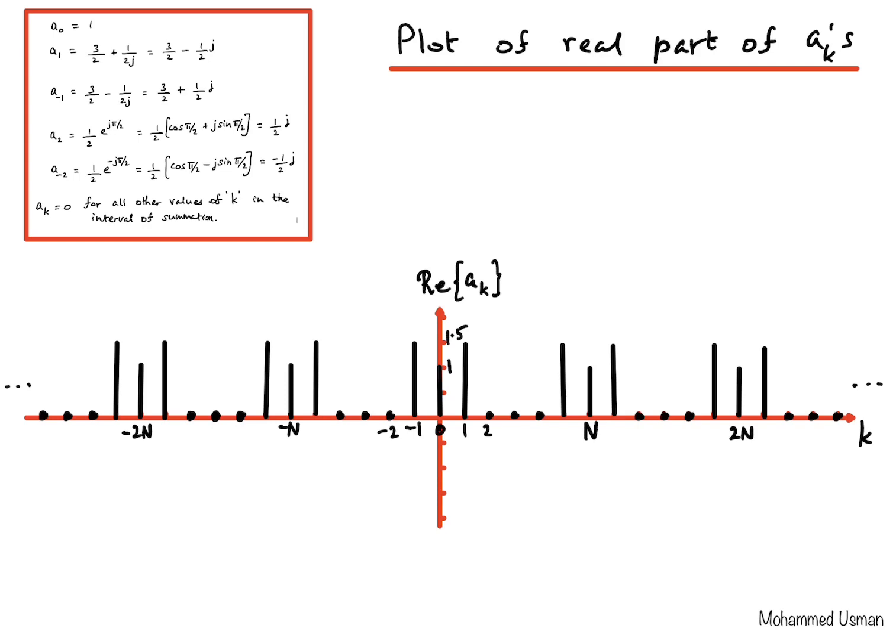This sequence will repeat itself with a shift of n, because ak plus n is the same as ak. After a shift of n, the same thing will repeat. What we have at a0, we'll have at an, and at a2n, and so on. What we have at a1, we'll have at an plus 1, and what we have at a2, we will have at an plus 2.